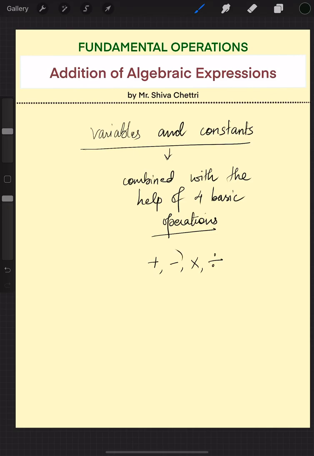But basically we use these two, addition and subtraction. Let us see how we add algebraic expressions.